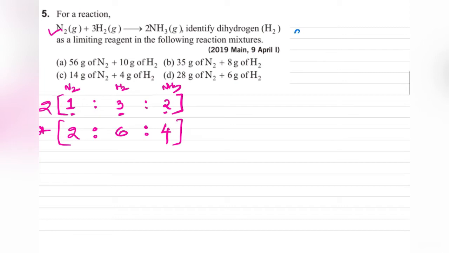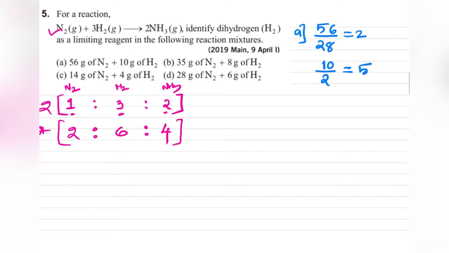First, in option A we have 56 grams of nitrogen. So 56 grams divided by 28, the molar mass of nitrogen, gives us 2 moles. Right? So this is for nitrogen. And 10 grams of hydrogen divided by 2 grams, its molar mass, is of course 5 moles.